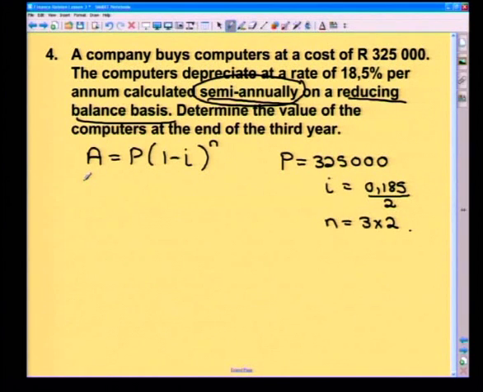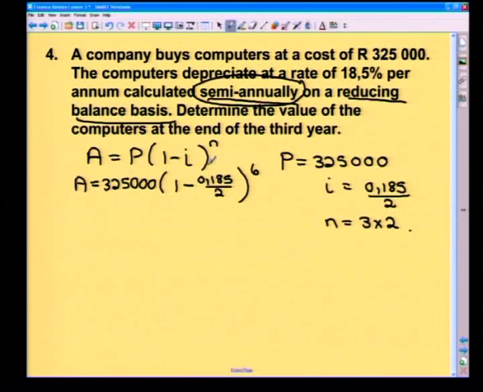Right, so now we're ready to put our formula together. So our accumulated equals 325,000, 1 minus 0.185, divide by 2, all to the power 6. Right, while we're here, let's just talk for 2 seconds about what is given marks.